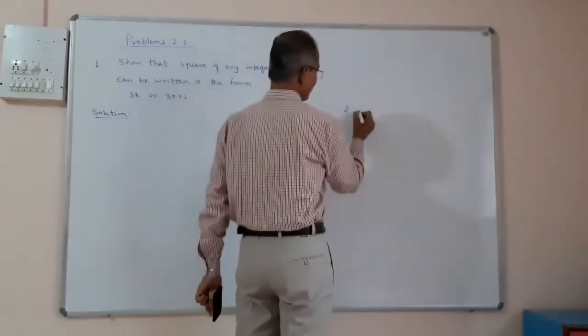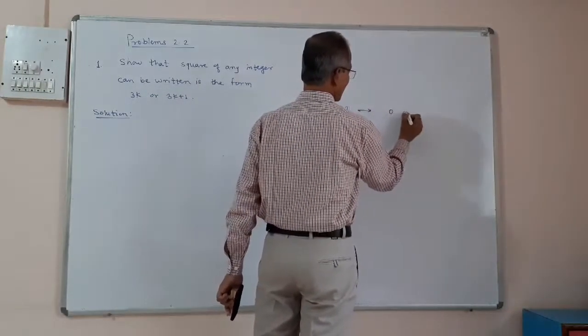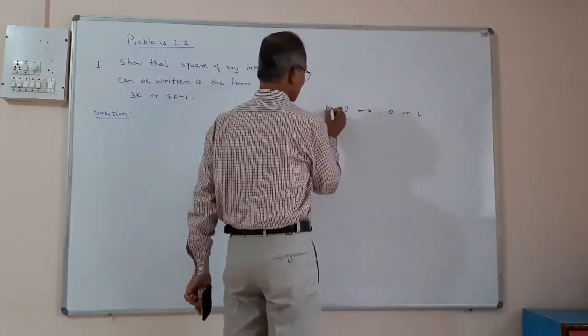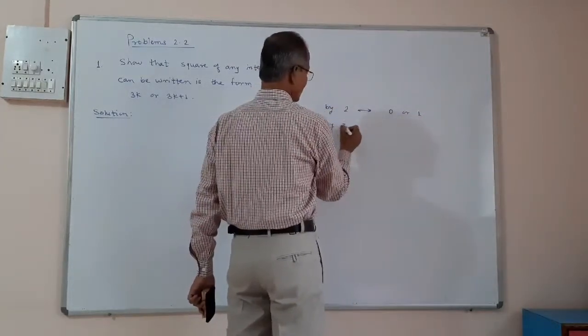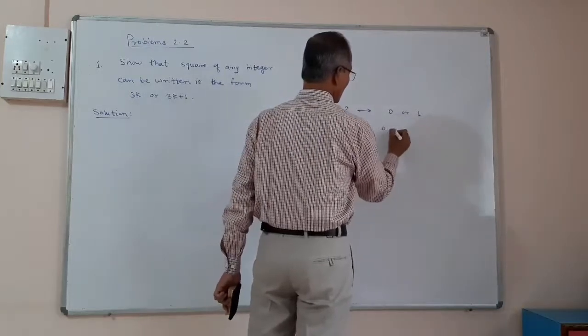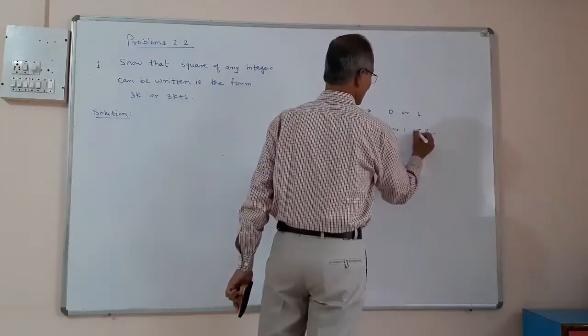We know that if an integer is divided by 2, then the possible remainders are 0 or 1. If an integer is divided by 3, the possible remainders are 0, 1 or 2, and so on.